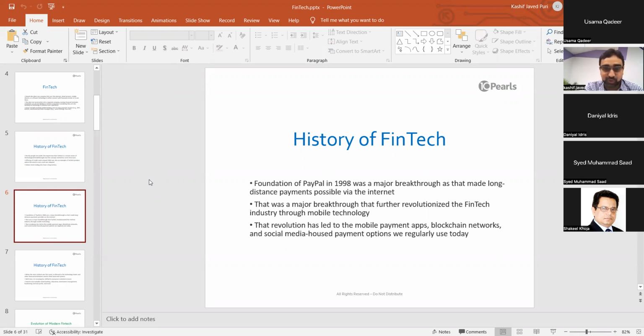Now it's an issue of logistics, whether the company is delivering in Pakistan or not. PayPal is basically a payment gateway, which made it possible to make payments across borders. With that advancement, we saw mobile payment apps, blockchain networks, and other retail businesses which started using PayPal, or many other gateways which became available after PayPal.